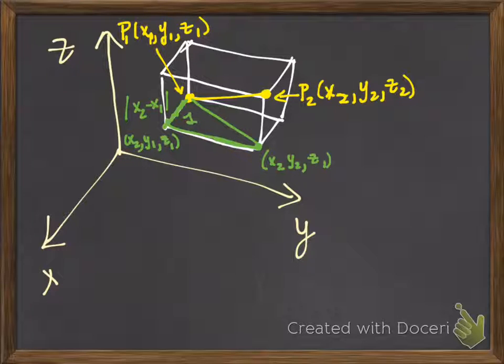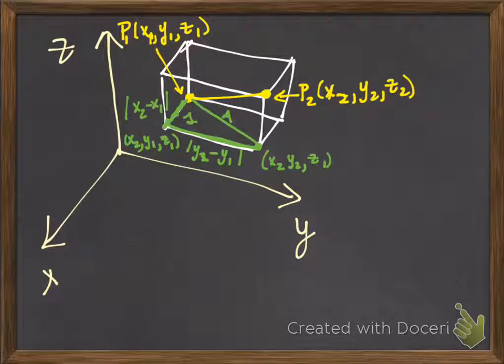So this distance along this base of this triangle sitting in this plane is really just the difference in the y's, because the x's and the z's are the same. So this is y2 minus y1.